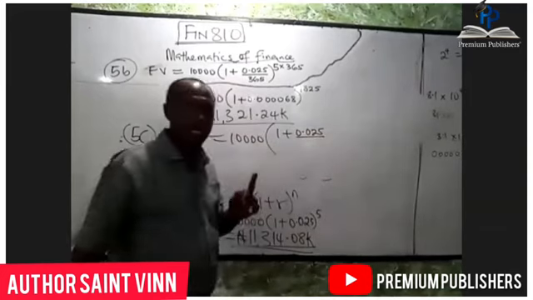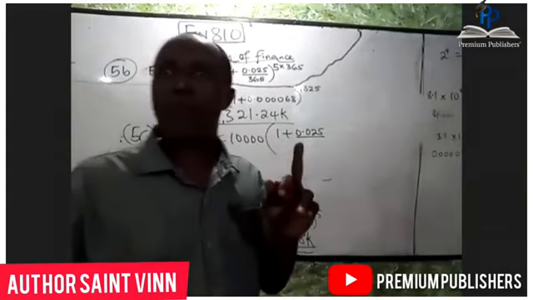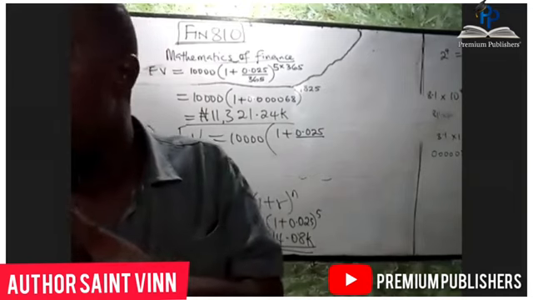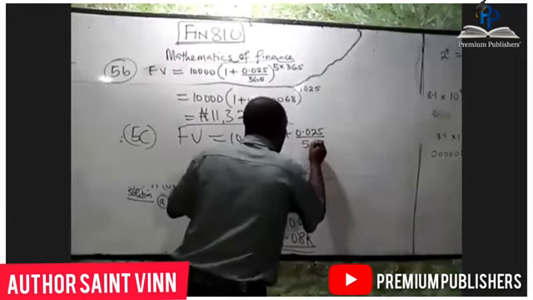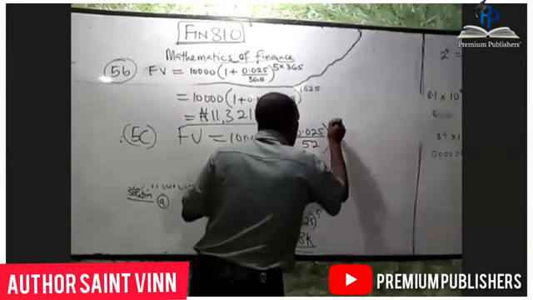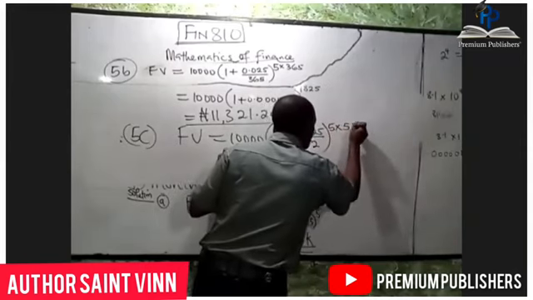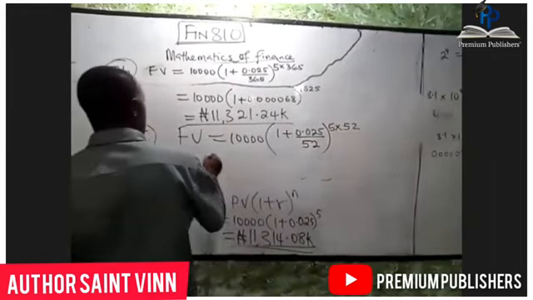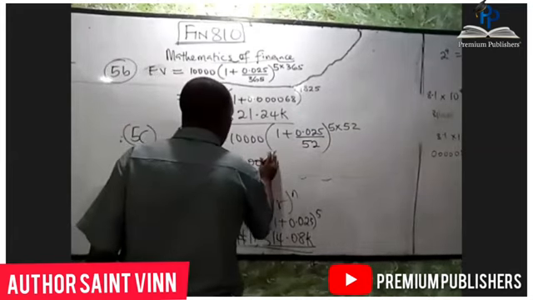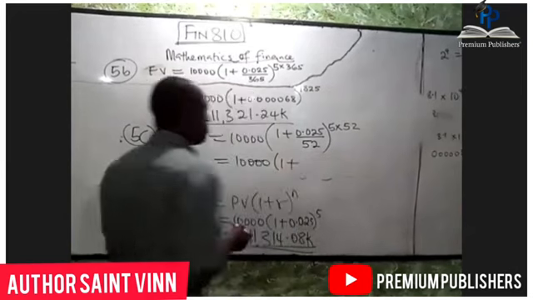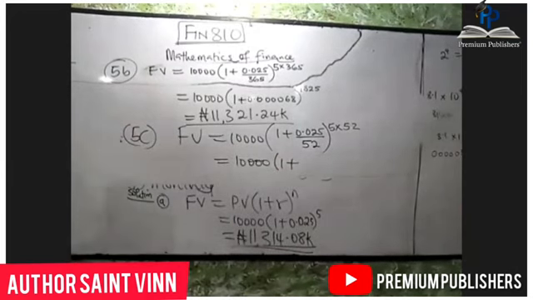Because it's weekly, 52 weeks make a year. So we're going to divide our interest rate by 52 and multiply the number of years by 52, the way we have been doing. And we have 10,000 into 1 plus 0.025 divided by 52.